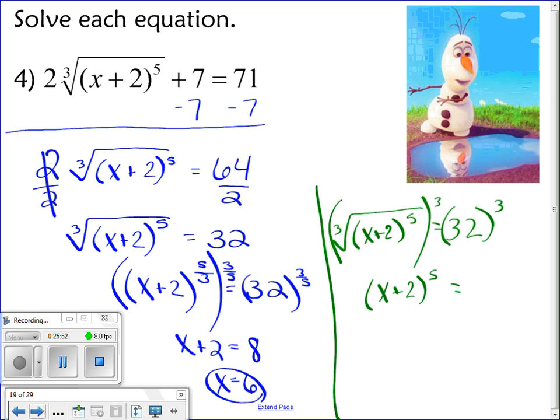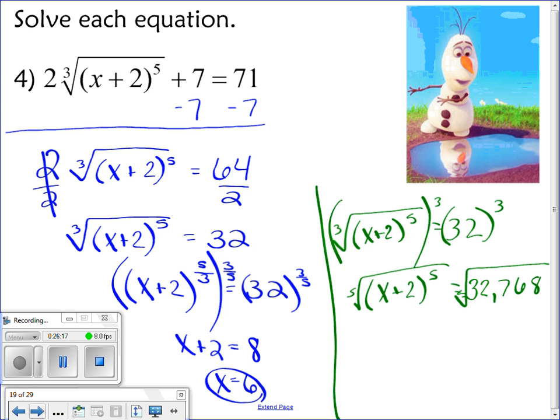What's 32 cubed? Somebody's got to read me those digits. 700 and what? 68. Thank you. All in unison class. And then how do you undo a 5th to the 5th power? You would take the 5th root.